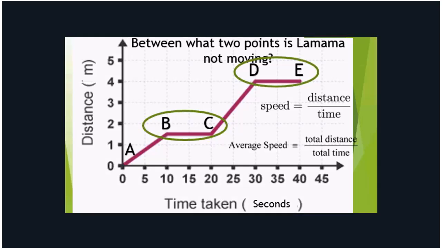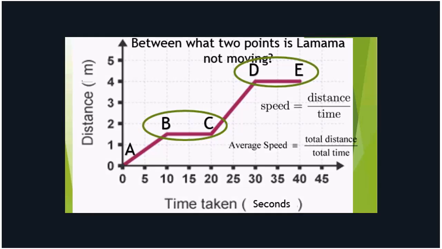The other way you can do this is you can do the math to find out what her speed is. So you do the exact same as the last problem. You look at E. At E, her distance is 4. At D, her distance is still 4. 4 minus 4 is 0. Then you look for time. At E, her time is 40. At D, her time is 30. 40 minus 30 is 10 seconds.